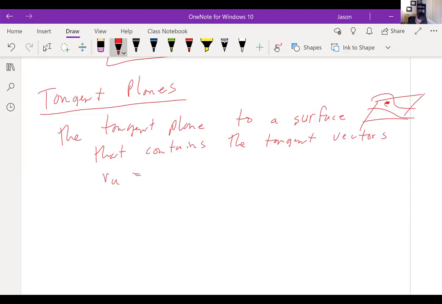r sub u equals partial x, partial u, of u naught v naught i, plus dy du, with an r, by the way. That's a v. That's a u.